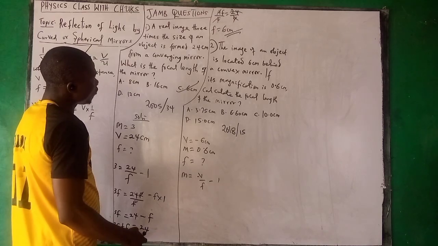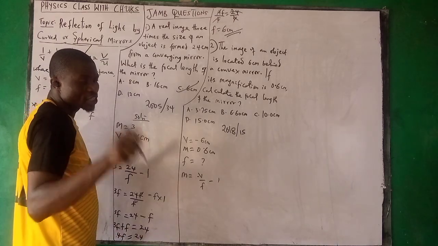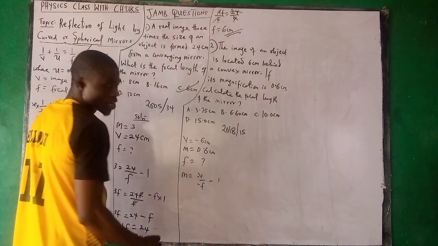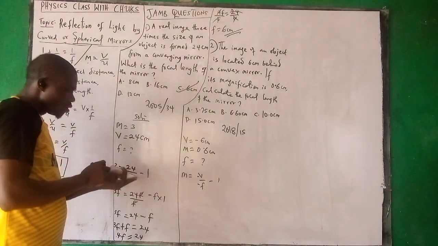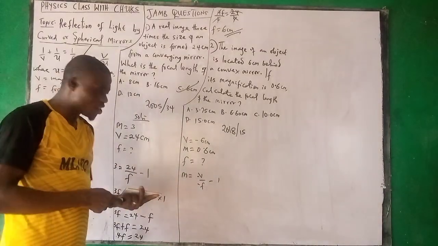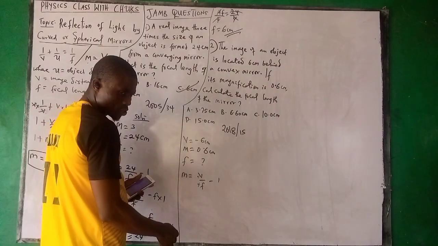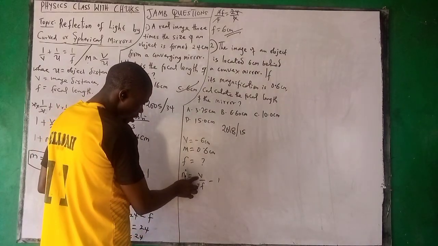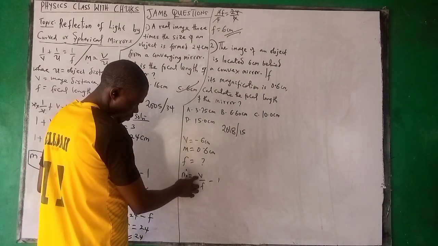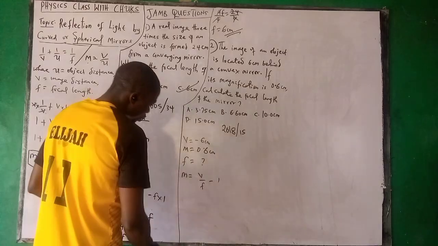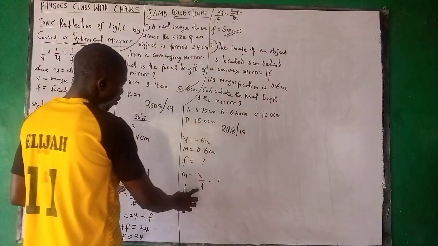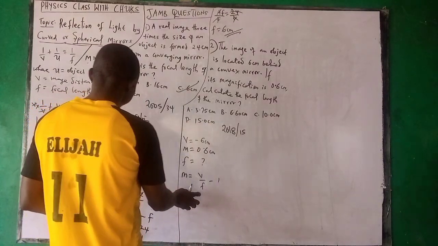I told you that for a convex mirror, F is still negative, so I'll put negative. By the rule of division, negative cancels negative, so it's as good as leaving it like this. Understood now? We're looking for the focal length.